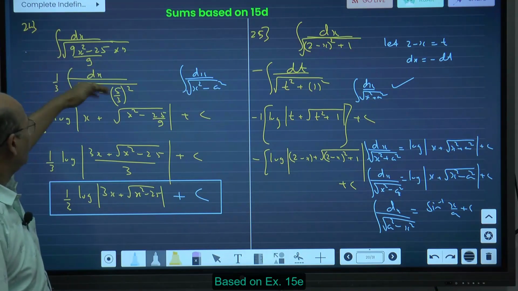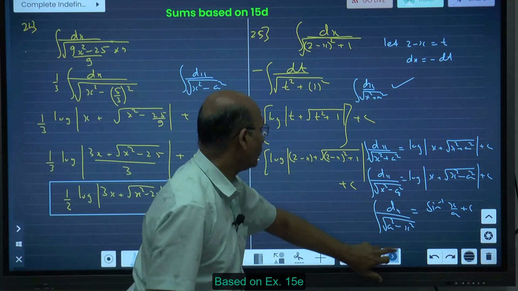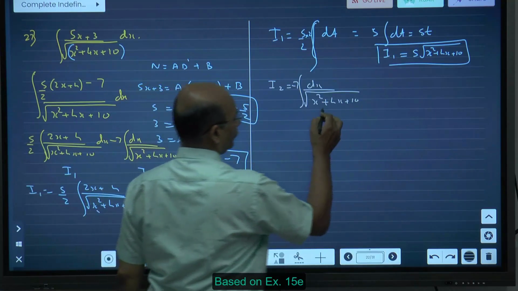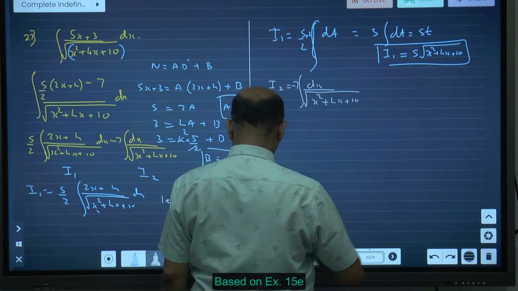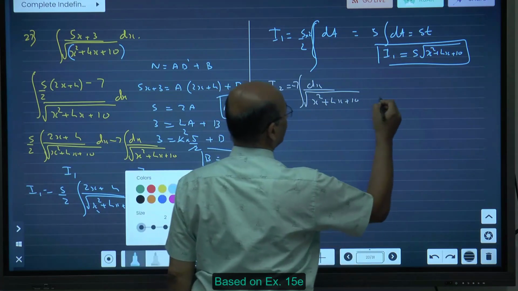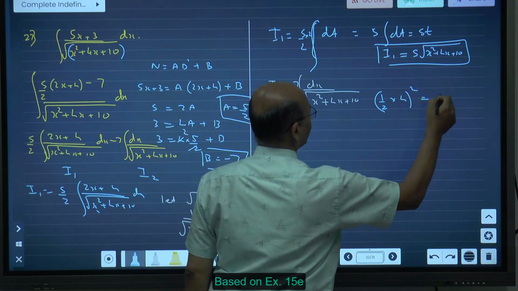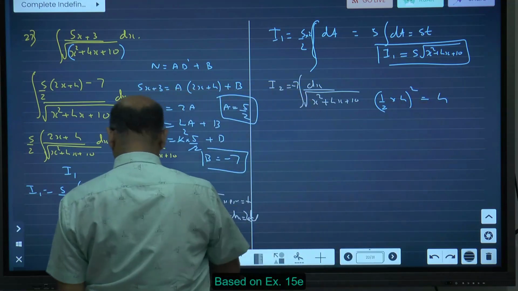What I did? Same thing for dx upon quadratic but with a root sign. So half, so this is one term there. So I add and subtract a term: half into middle term whole square. So it is nothing but 4. So let us do it quickly now.